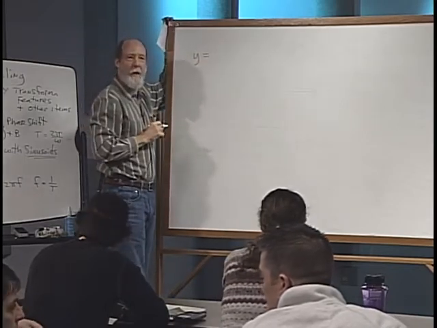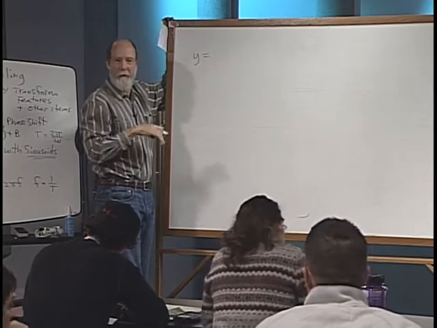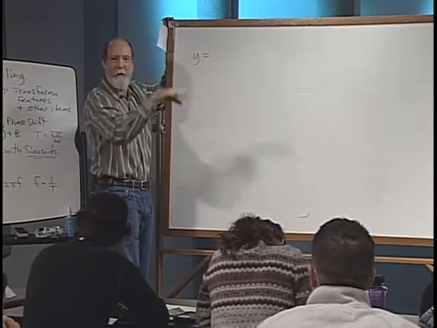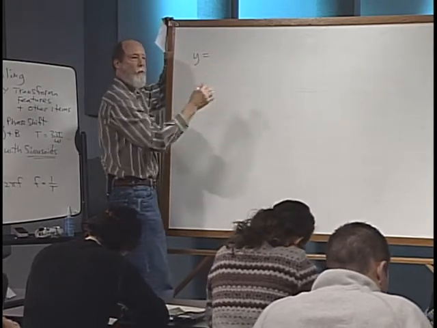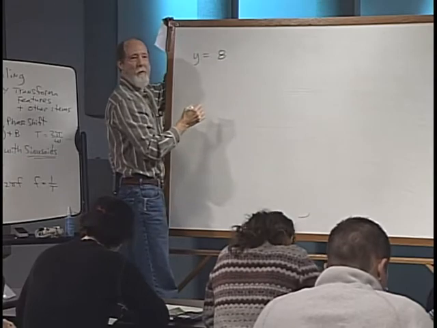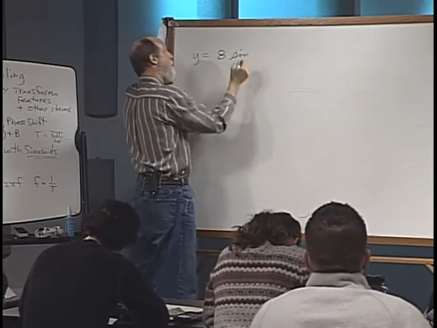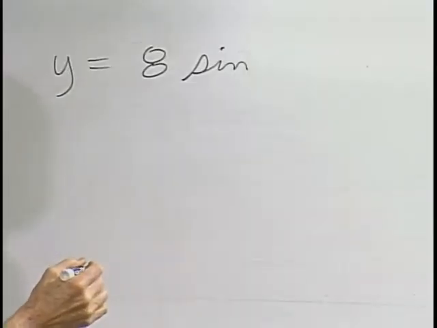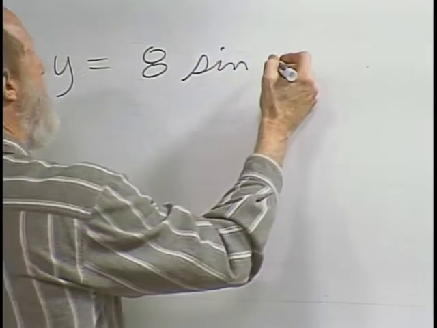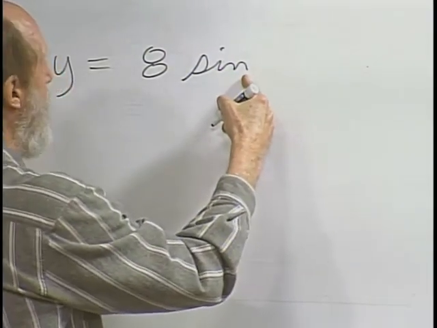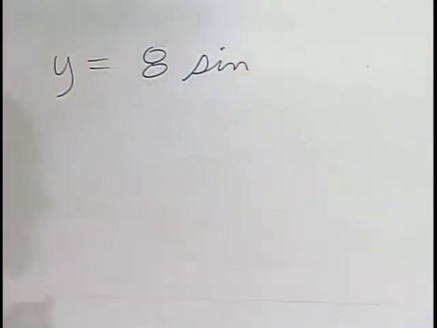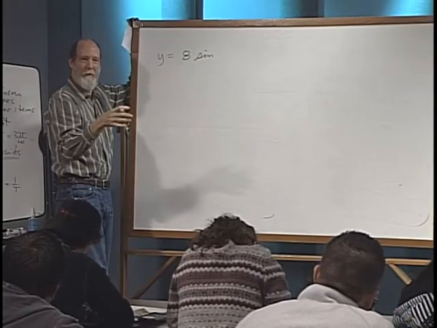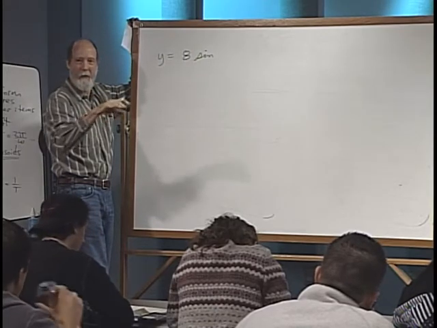So, let's say the tide rises and falls above and below sea level. Okay? And let's say it rises and falls 8 feet above or below sea level. And what I want to do inside the sine function now is, I'll make it artificial. It's not going to exactly match the tides because the period is going to be different.